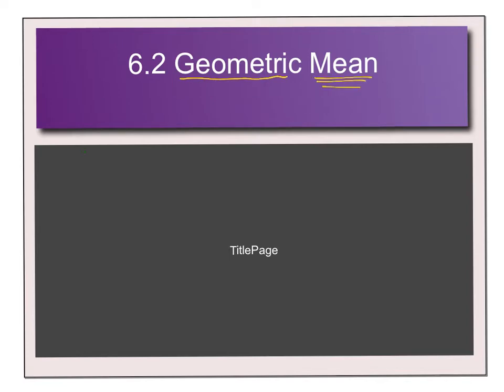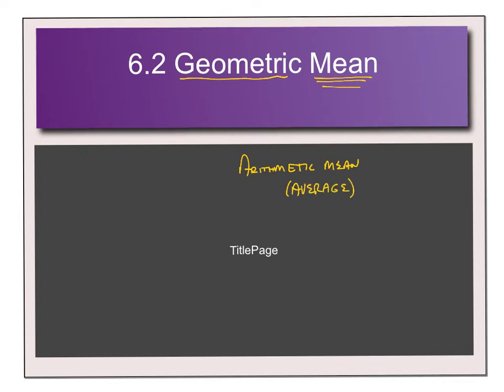And if mean looks familiar to you in a math sense, I don't blame you. Most of you would be familiar with an arithmetic mean, maybe more commonly known as an average.